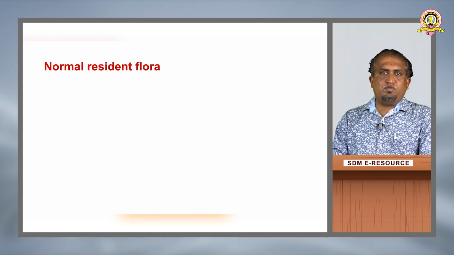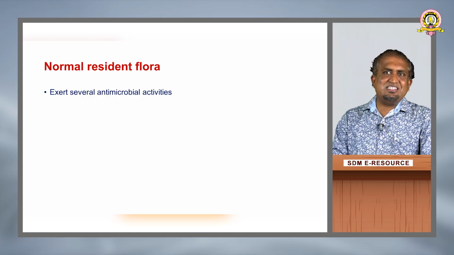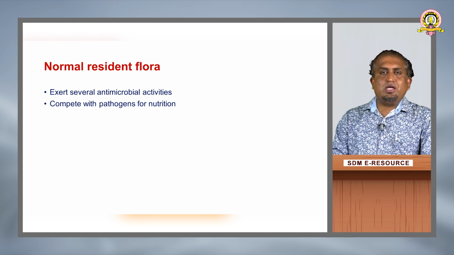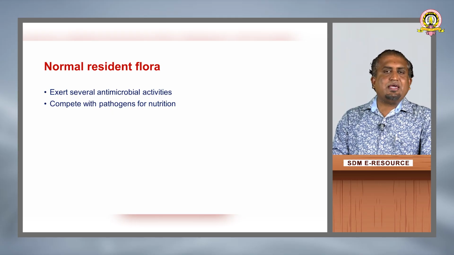Then the normal resident flora. We know that on our body surface there are so many bacteria present which are harmless. That means they are called normal flora. This normal resident flora exerts several antimicrobial activities and competes with the pathogens for nutrition, so that they do not allow the pathogen to enter inside the body or to stay back in the body.